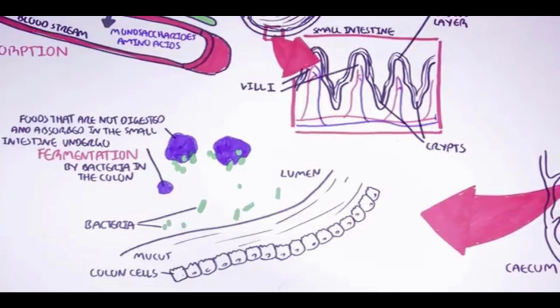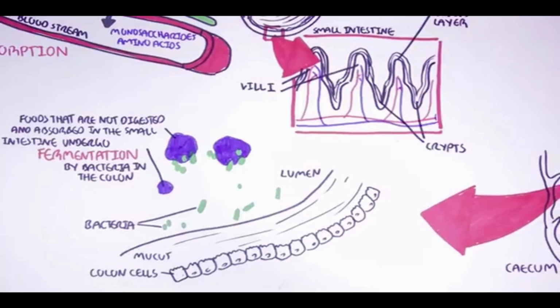Obstruction can be caused by infection or adhesion in the large intestine. The large intestine has a thick layer. From the small intestine, the junction to the large intestine is the cecum, where the appendix is.